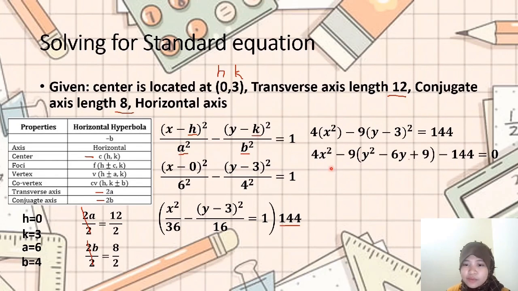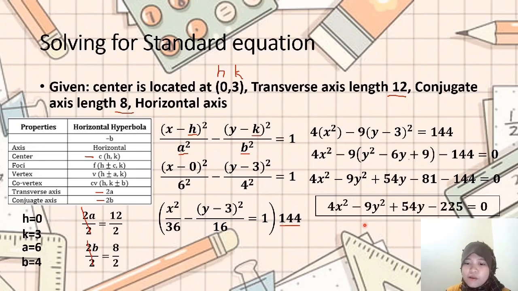Now we distribute our constant to the trinomial, and we will have 4x squared minus 9y squared. Negative 9 times negative 6 is equal to positive 54y. Negative 9 times 9 is equal to negative 81, minus 144, is equal to 0. And then combine like terms, and the final answer will be 4x squared minus 9y squared plus 54y minus 225 is equal to 0.